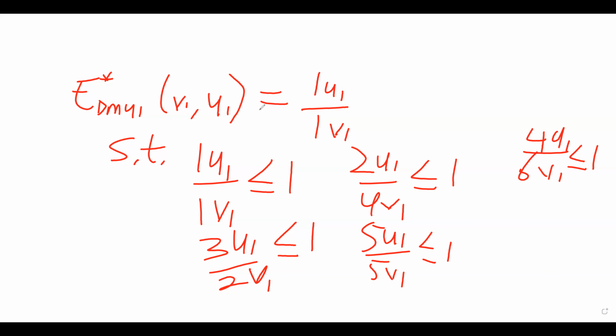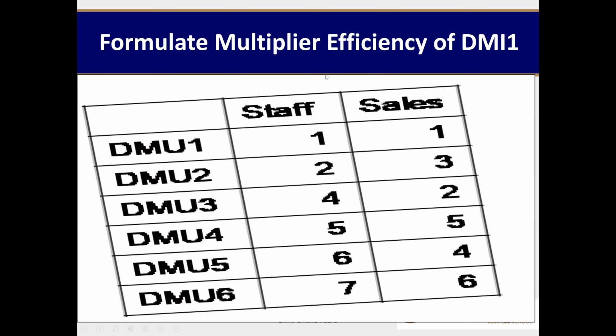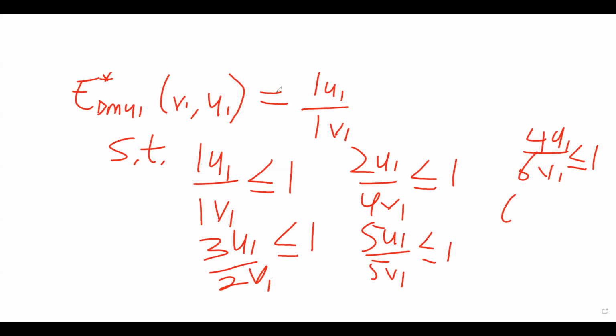And then the last one, oh, I think these are 6 DMUs, not 5 DMUs. So the last one is 6 and 7, 6 for the output, 7 for the input. So 6U1 over 7V1, less or equal to 1.